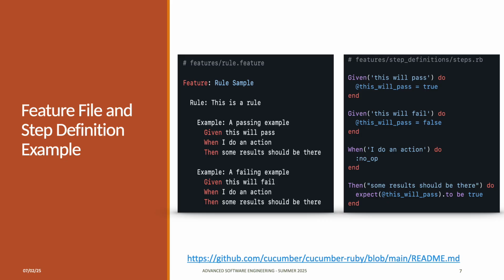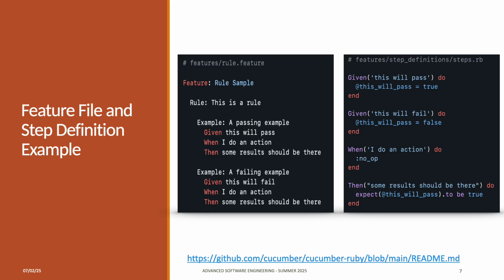So for the keyword, this will pass. When Cucumber is parsing this and it sees that keyword, it's going to go into the step definitions, that steps.rb Ruby file, and look for the this will pass keyword and see that it's there in that first code block. And when it finds that, it's going to execute, setting the variable this will pass equal to true.